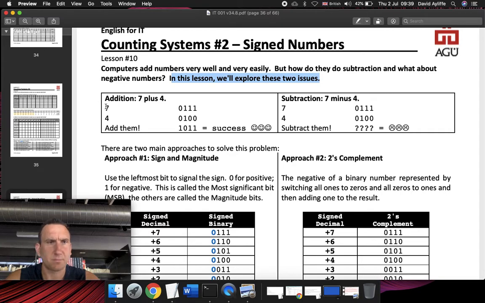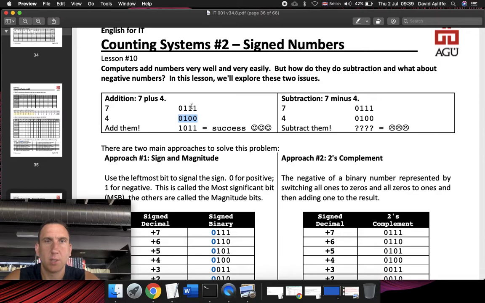So we've got 7 and 4. This is a 4-bit binary number, this is a 4-bit binary number, and this is a 4-bit binary number. So 7: 1 plus 2 plus 4, so 4, 6, 7. And this is 4, because this signifies 1, this signifies 2, this signifies 4, this signifies 8.